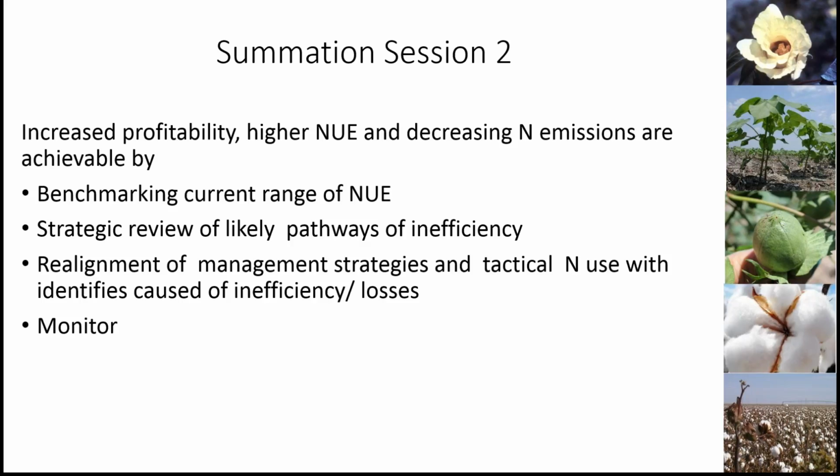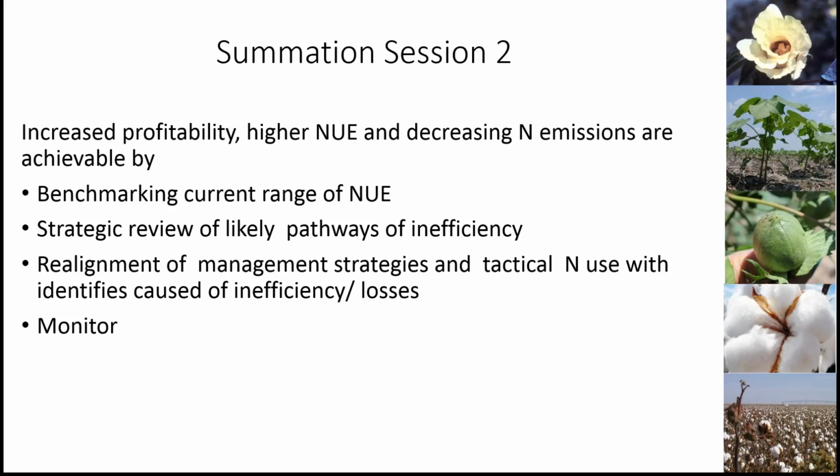So if your gin turnout is 40% or 0.4, then the remainder must be seed, and it could possibly be some gin trash, but let's just say it's seed. Then 60% of the weight is seed, so divide that into your yield to get an amount of seed, and then multiply that by the seed percentage.